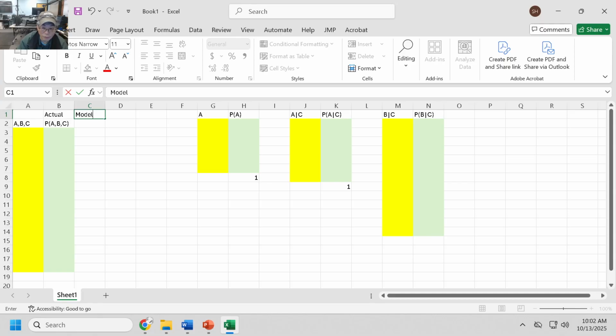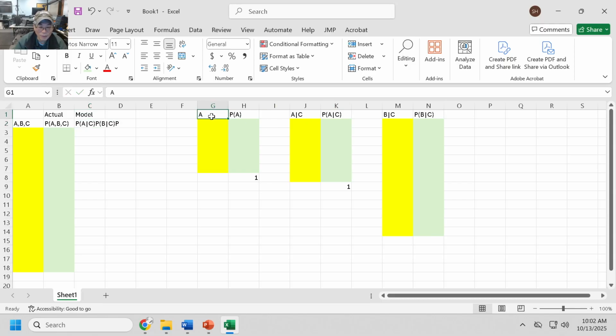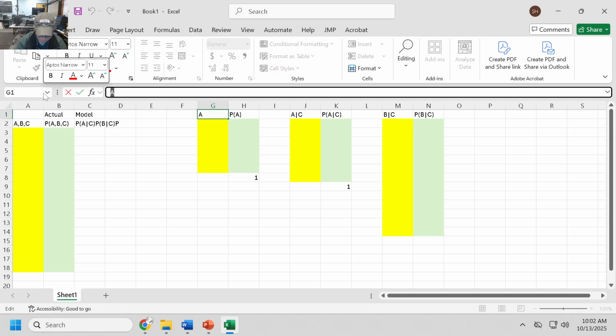And this model so far is science fiction. I'm just saying that here is the right model. Okay? This model is P(A given C) times P(B given C) and P, oh, I got it wrong, huh? This should be P(C) then, because C is the base.